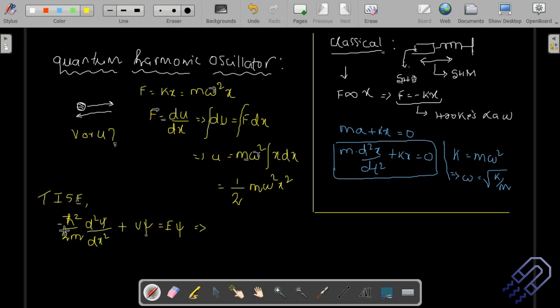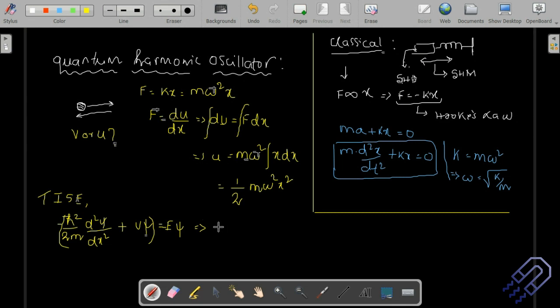We can modify this and take E on the other side. There is a minus sign, so maybe I can multiply throughout by minus. I'm doing it so that we don't write too many steps.